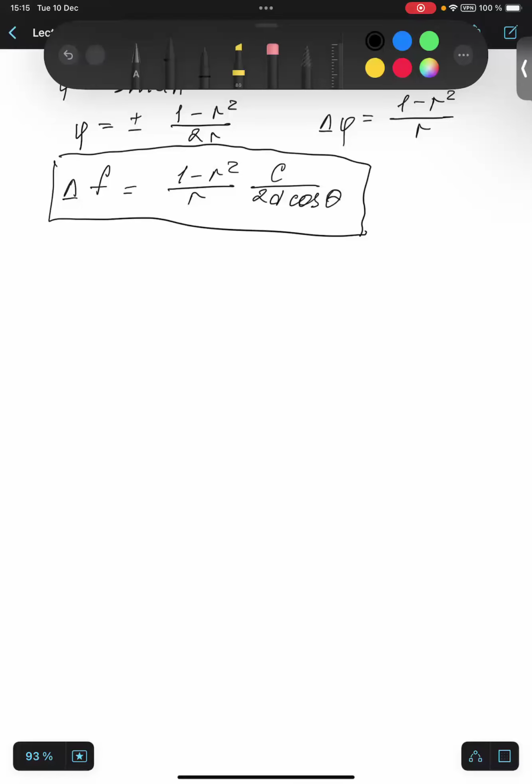Another important feature of such systems is contrast or resolution. We divide the distance between peaks by the full width at half maximum. We obtain r divided by 1 minus r squared.